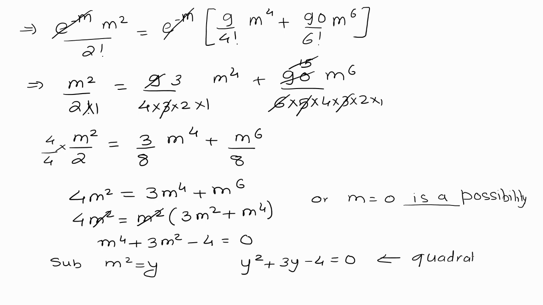Now I need to find the roots of this quadratic equation. This one will have two roots. Now, how are the roots of any quadratic equation given? Suppose I have this quadratic equation: ax square plus bx plus c is equals to 0.